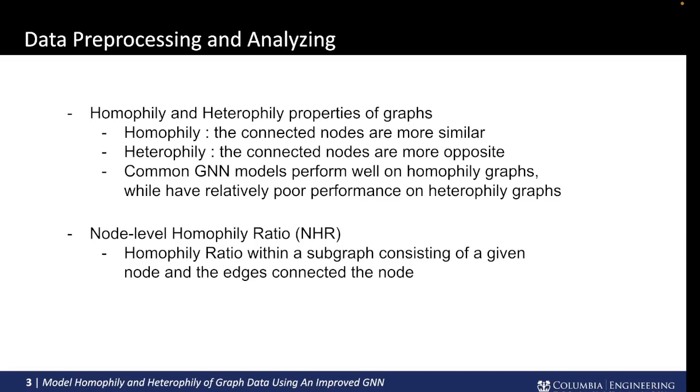A lot of work has shown that common GNN models perform well on homophily graphs, while having relatively poor performance on heterophily graphs. Homophily and heterophily properties are usually quantitatively measured with an index called the homophily ratio, which is formally defined as the average consistency of labels between each connected node pair.